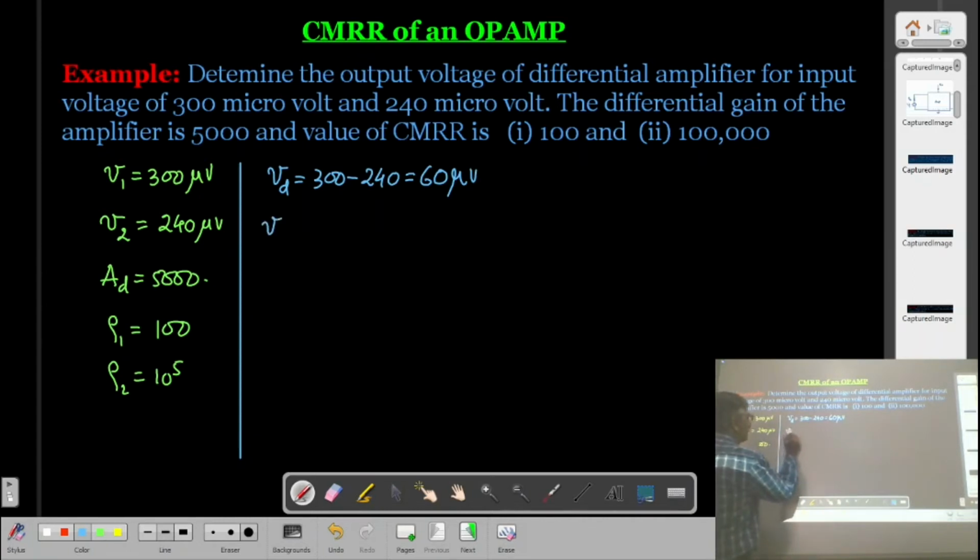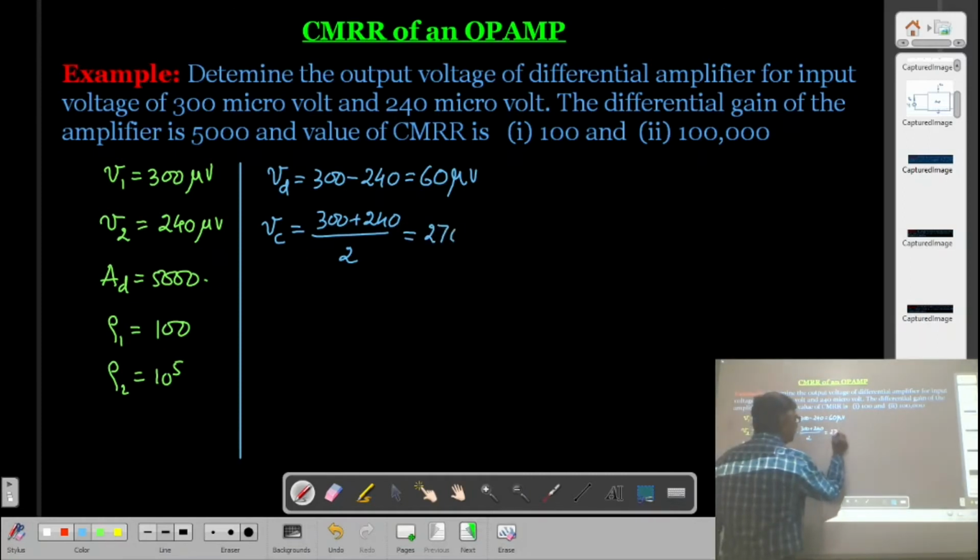The common mode signal is equal to 300 plus 240 divided by 2, that is V1 plus V2 divided by 2. That is 540 divided by 2, so this will be 270 microvolt. Correct?